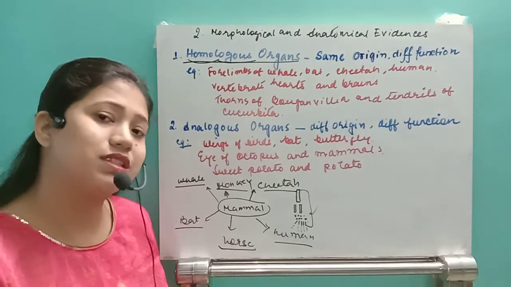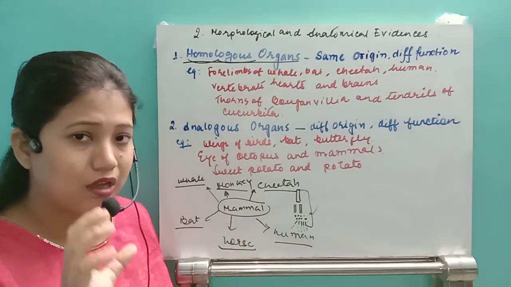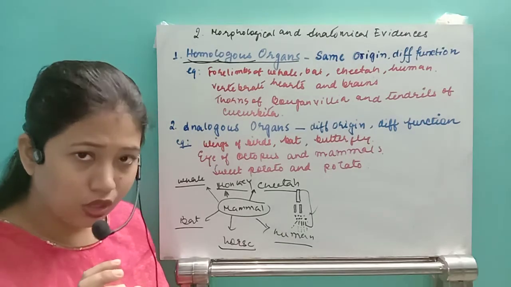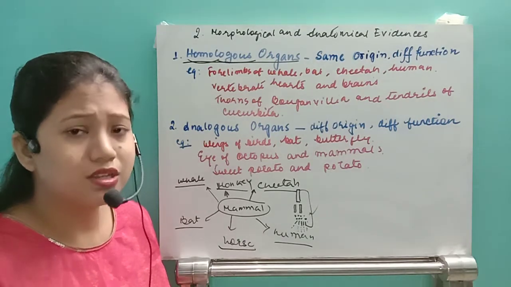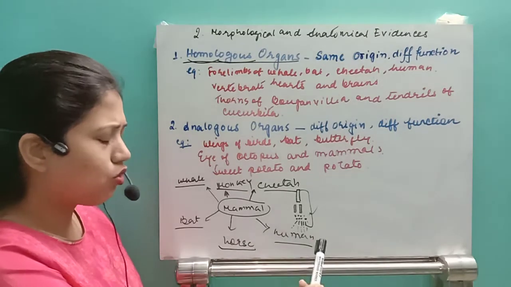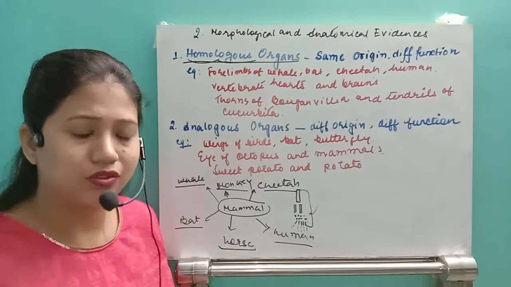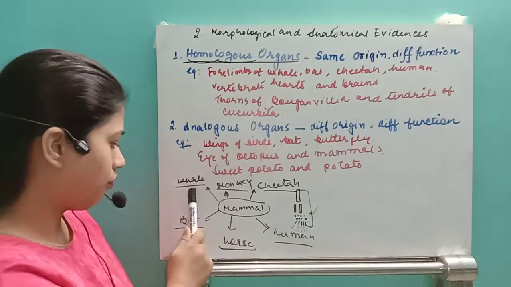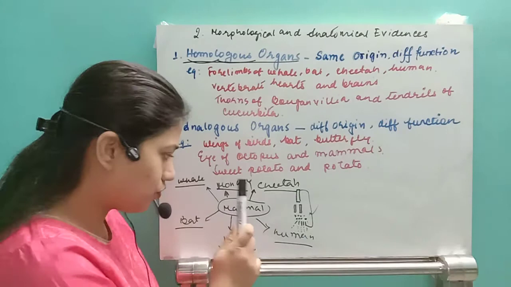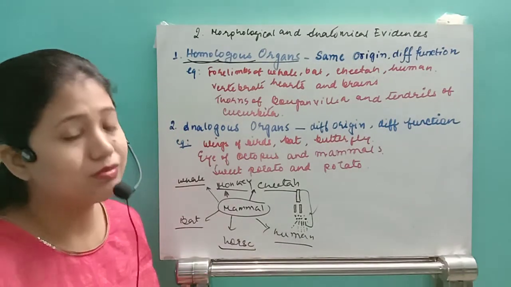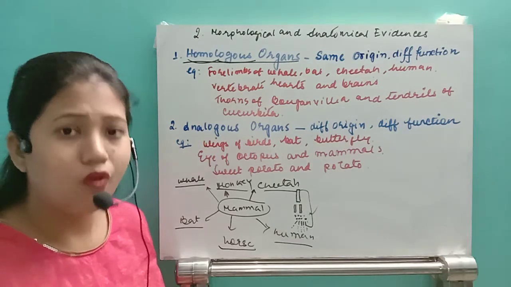All of them have the same structure in the bones, in the region, location, position of the bones, and everything shows that they share some common ancestor. Otherwise, how would the whale have common characteristics with the cheetah? They are completely different organisms with different habitats, but the flippers of the whale, the wing of the bat, and the forelimbs of monkey, cheetah, human and horse all have the same structure inside. That means their origin is the same, but they perform different functions.